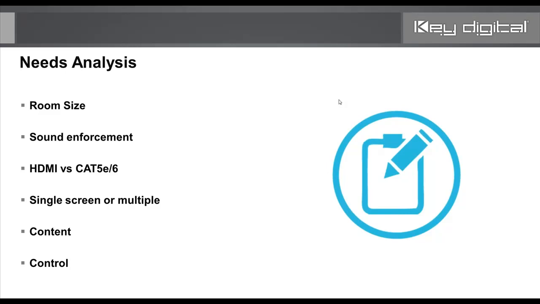That is a very real demand that we are confronted by, and we are meeting. And how do they wish to control the system? Certainly, depending on the size of the room, you're going to want to have something very convenient and user-friendly, of course.